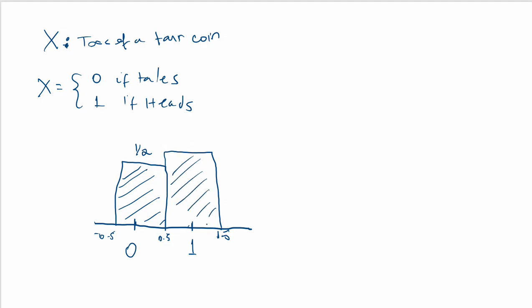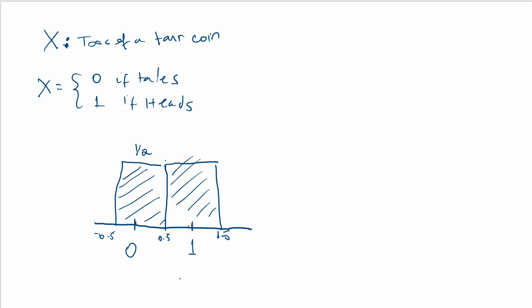Well, it's also a half, so I have to correct my mock histogram because they have to have the same height. And this is the histogram of a fair coin. It's just 2 columns with the same height.